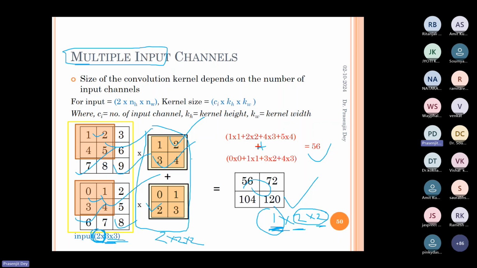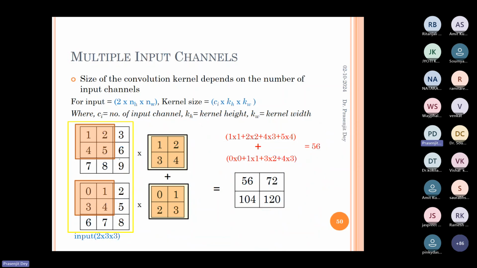If I apply another 2 cross 2 cross 2 kernel, it may give me another output channel, like 1 cross 2 cross 2. And if I cascade them, this with this, then I will come up with a multi-channel output.